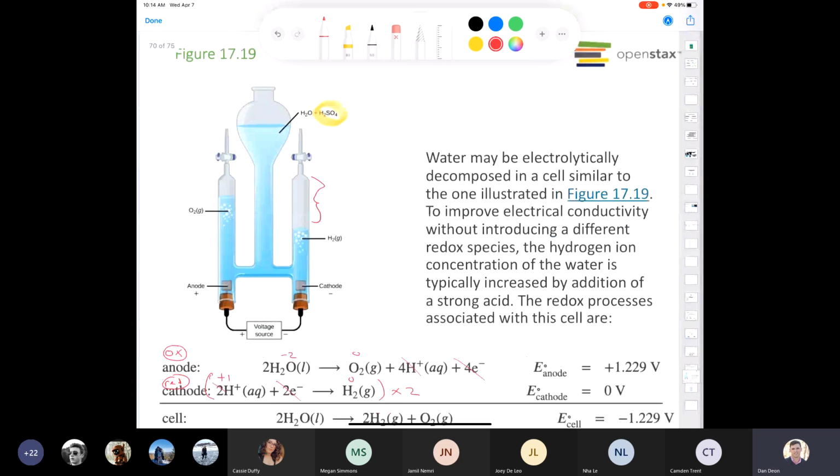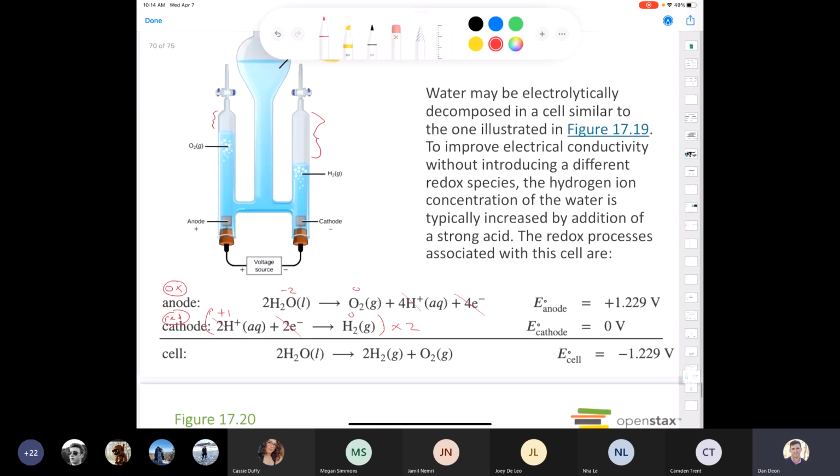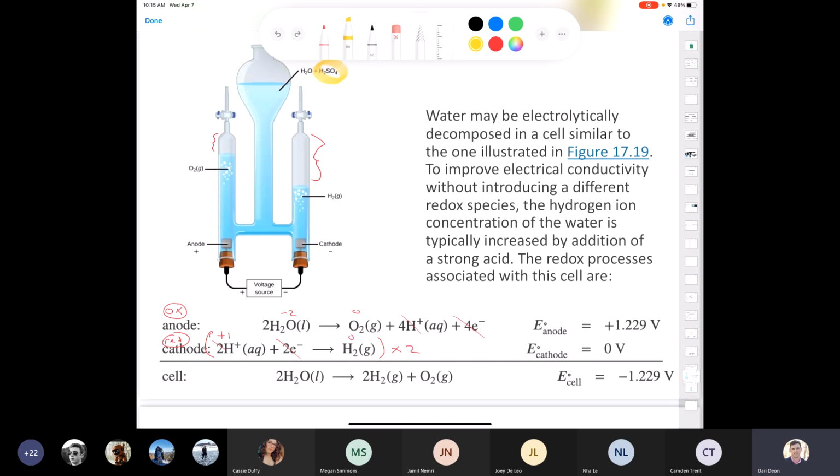So the volume of the hydrogen gas should be twice as much as the volume of the oxygen gas. Also notice that the standard cell potential is negative. It's negative 1.229 or negative 1.23. So that tells us this is a non-spontaneous process, and that is why we have to provide a battery in order to get this reaction to move forward. And of course, the voltage of that battery would have to be greater than 1.23 volts.